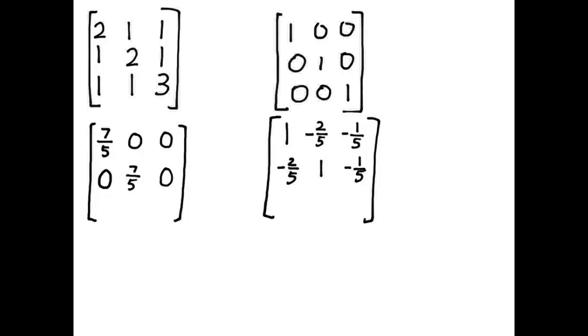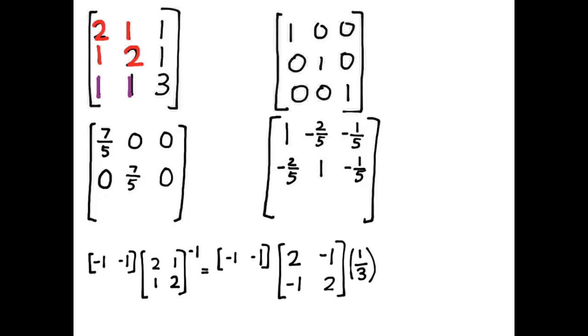This time we want to cancel the x and the y part of the third equation by adding alpha of the first equation plus beta of the second equation. So we're going to use [2, 1; 1, 2]. And again, they have to add up to [-1, 1] for this particular matrix. And the inverse of [2, 1; 1, 2] is found, and we multiply through, and we get -1/3, -1/3.